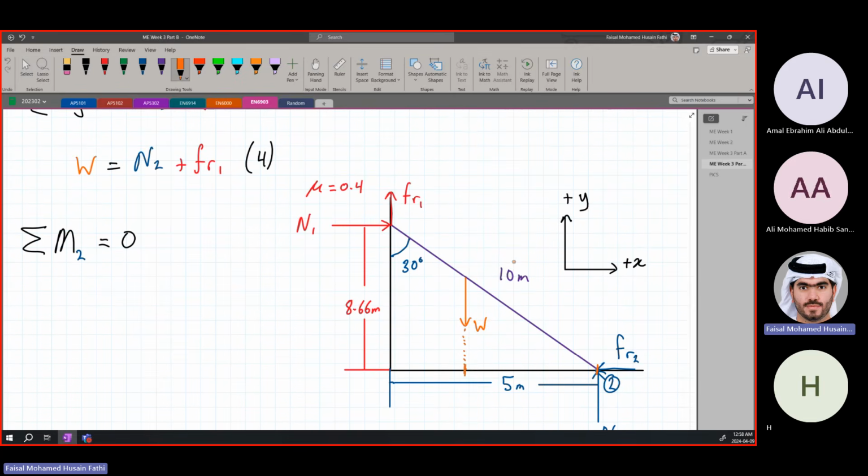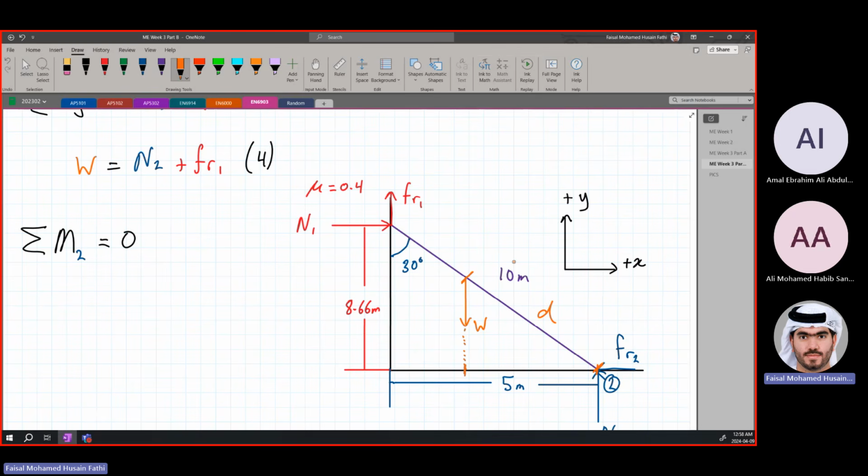So let's call this, from here to here, this distance D. Okay, so this distance from here to here is distance D. This is what we are trying to find, our distance D. Okay? And we know that this angle is also equal to 30 degrees.